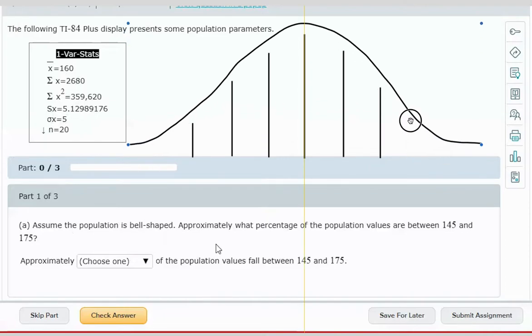And then we're going to fill in values for each of these lines. So now we're going to draw in what values correspond to these different lines down here.